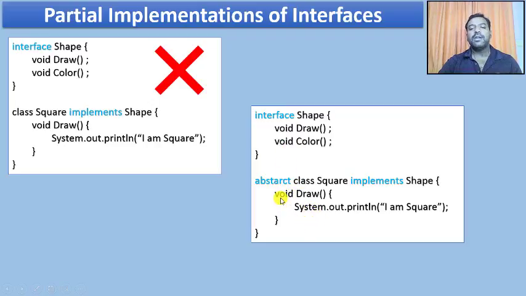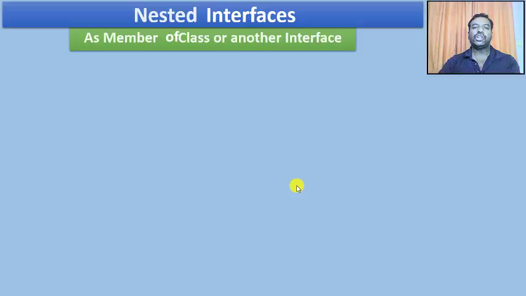So now we have this program which has been debugged. Now this is going to work fine. But look at the problem. If it is an abstract class, you cannot create an object. Now you need to extend this class, and at least in that extending class, you need to make sure you put the body for the method color. And this is how you look into partial implementation of an interface.